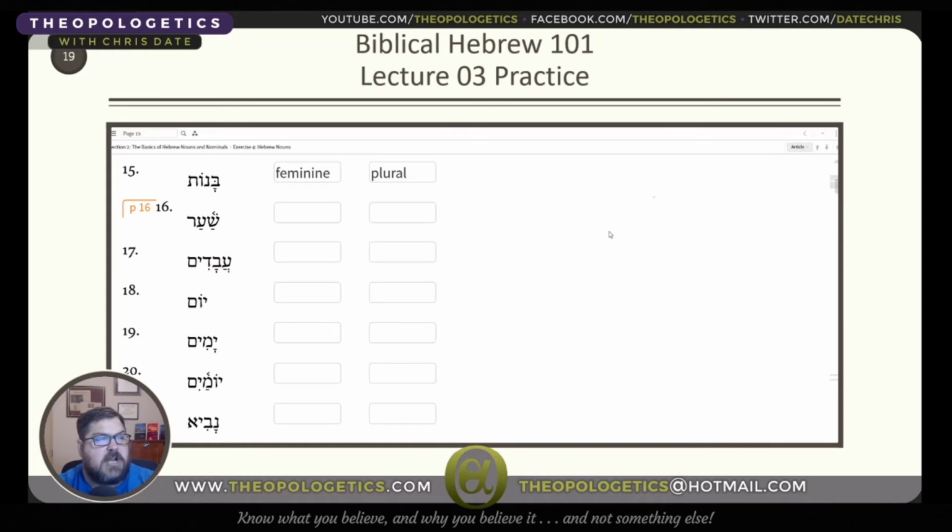Sha'ar, no characteristic ending, so we can guess that this is masculine singular, absolute from sha'ar, and this isn't in your vocabulary yet, but it means gate. Avadim, that im ending at the end tells you that this is masculine plural. It's absolute. It's from eved, meaning servant.